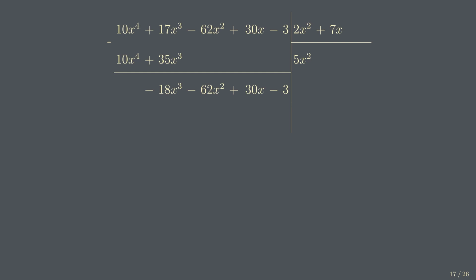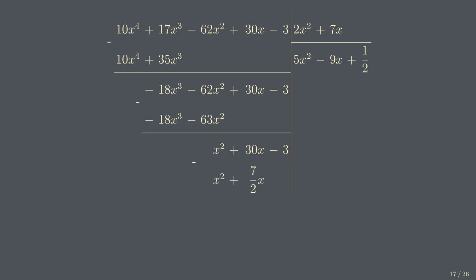Okay, now you do the same trick again. You take the highest terms here, divide by this one, and you get the second term in the quotient. This should be the quotient in the end. Then you multiply this one and this one again, put it down here, take the difference of these polynomial functions, do the same trick again, and you get the third term of the quotient, and in the end you get this one.